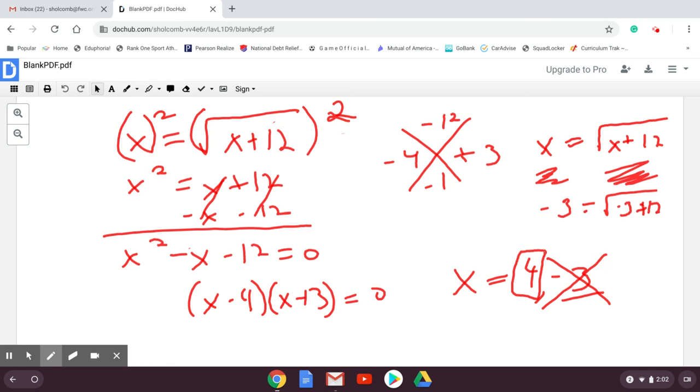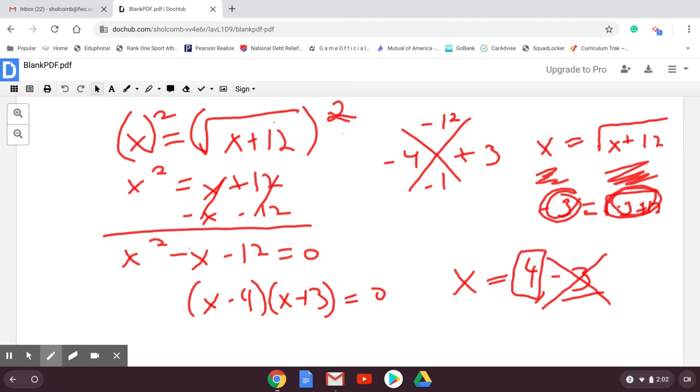I did not say that negative 3 is an extraneous solution because it was negative. Not all negative answers are going to be extraneous. The ones that are extraneous cause a square root like this to be equal to a negative, which is impossible. And so you're going to have to keep that distinction.